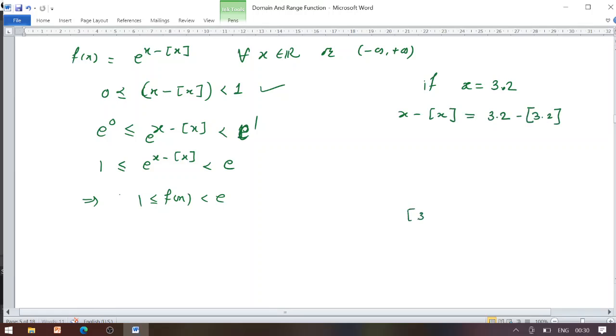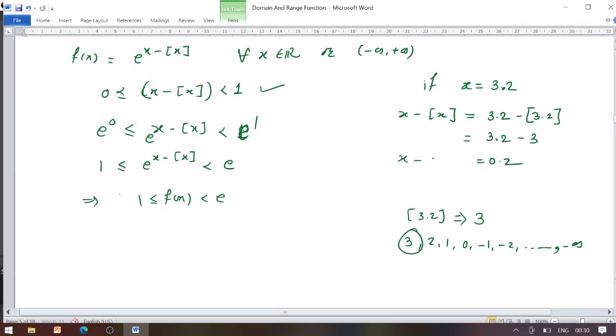For finding it, which are the possible integer values less than 3.2? They are 3, 2, 1, 0, minus 1, minus 2, and so on up to minus infinity. Among them, which is the greatest integer value? It becomes a 3. So after replacing by that value, we have 3.2 minus 3, which becomes 0.2.